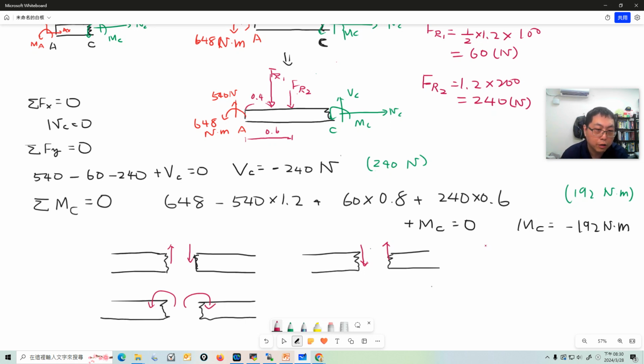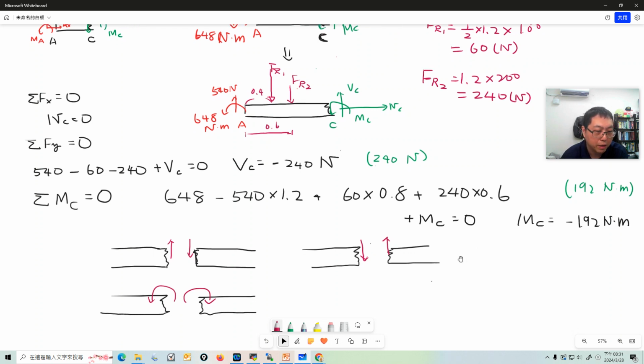Because the whole system is in rigid body equilibrium, the internal force calculated from the left hand side and right hand side must have a reverse sign. That's why we seem to have a different answer from the previous video, but actually it's the same.